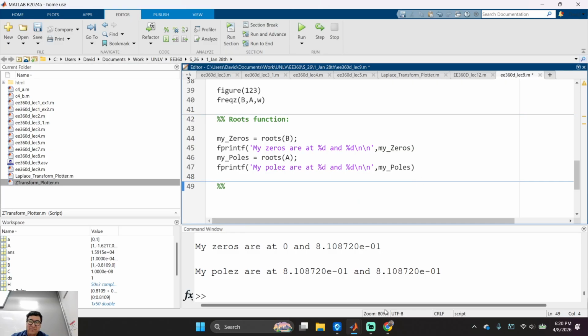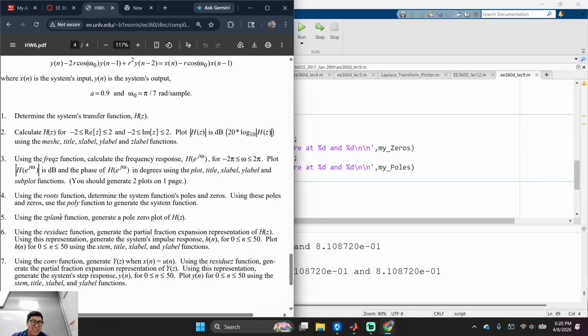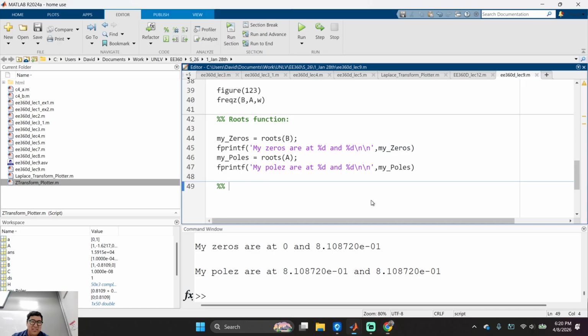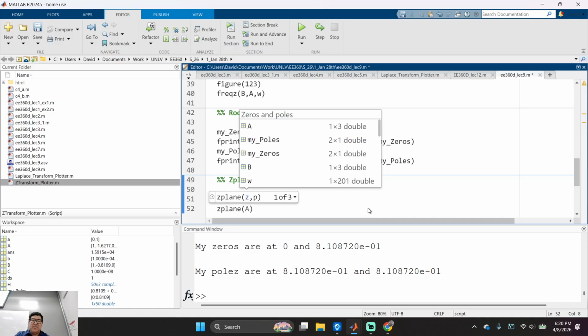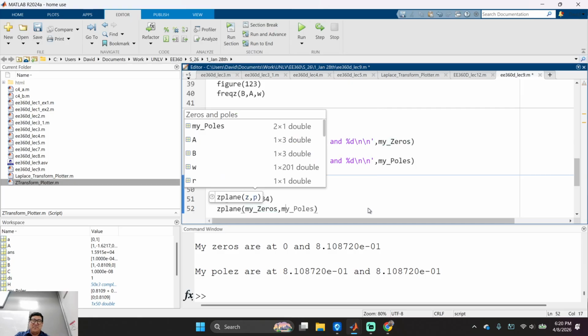what's the next problem? zplane. How do I use zplane? Figure zplane. My zeros and my poles. My zeros.